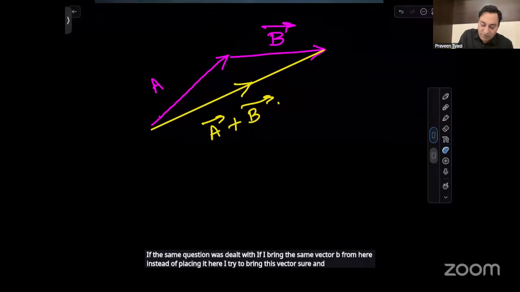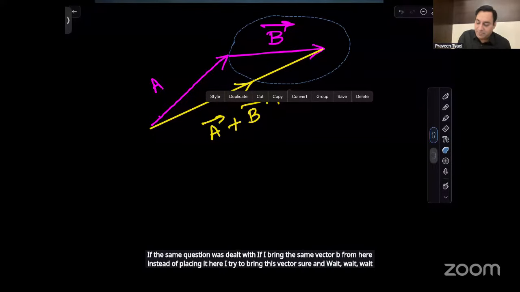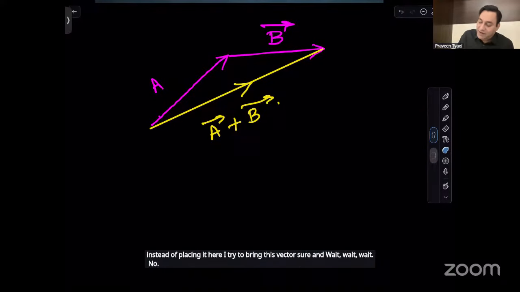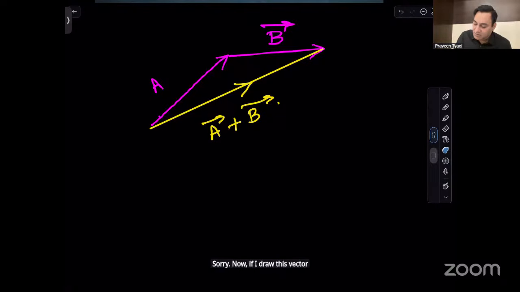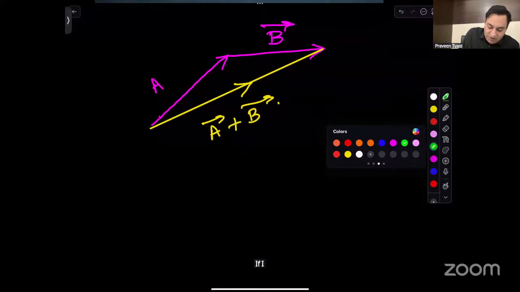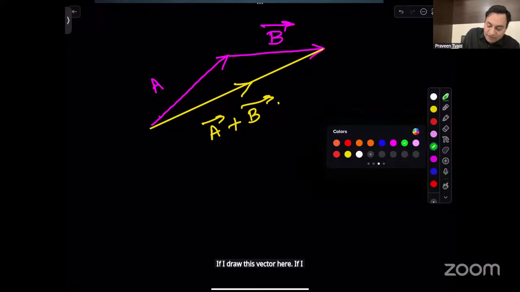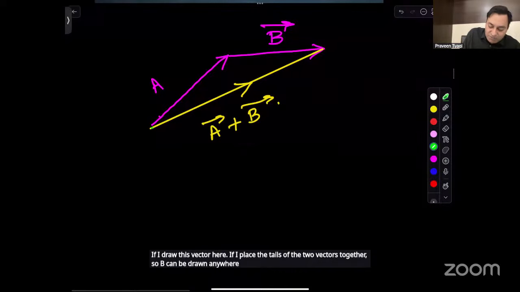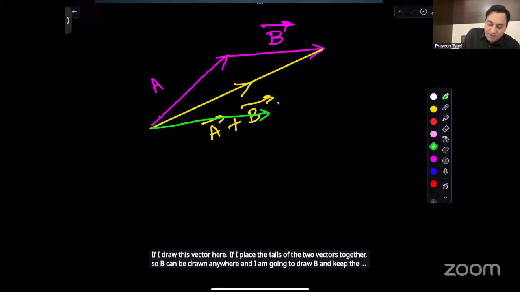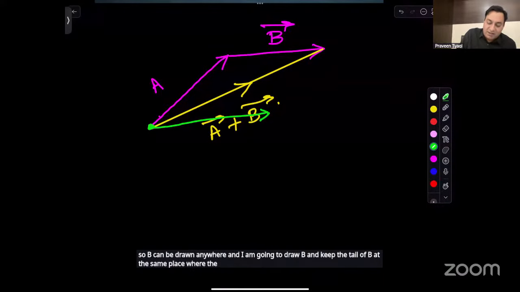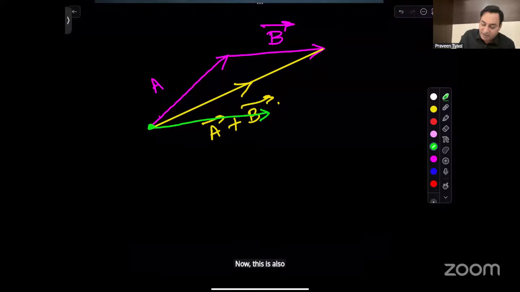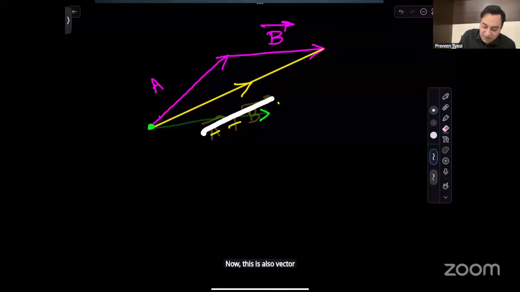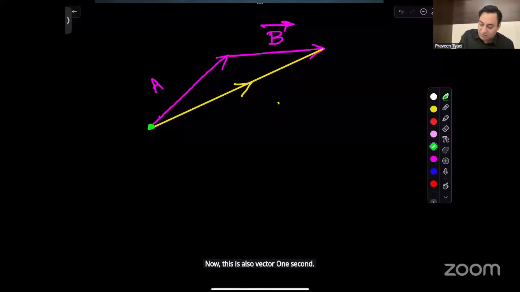Now, if I place the tails of the two vectors together, B can be drawn anywhere, so I am going to draw B and keep the tail of B at the same place where the tail of A is kept.